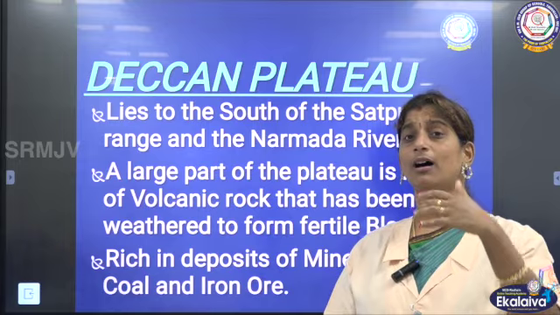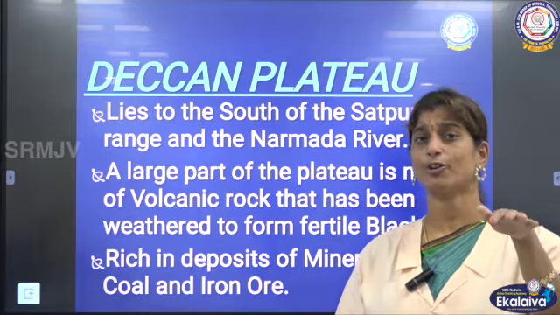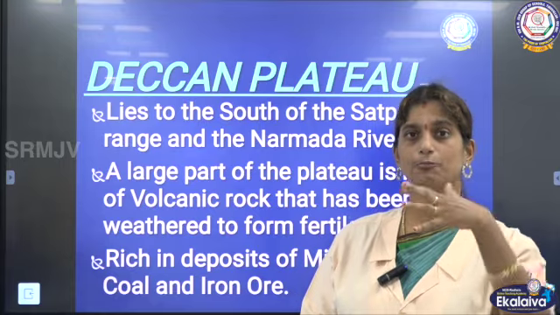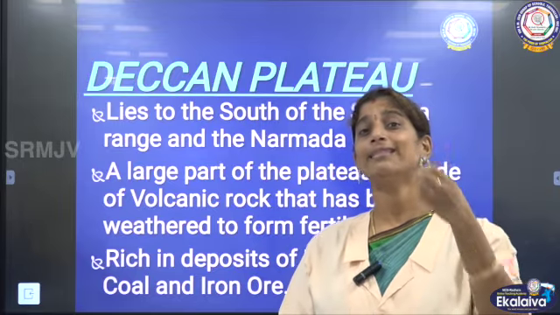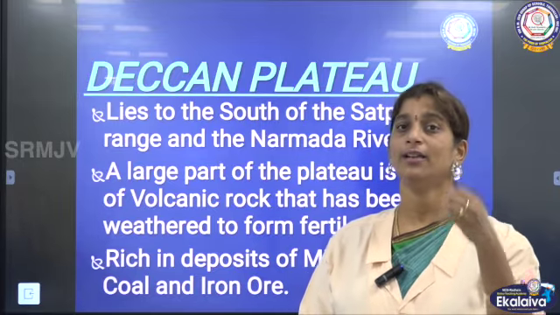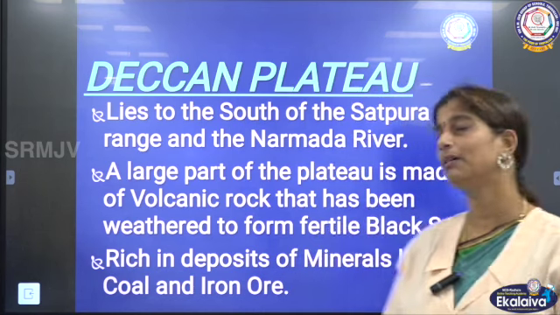We have seen this in the major landforms lesson about the formation of plains and plateaus. After a volcanic eruption, the lava flows down and forms a soil called black soil, which is very rich in minerals. Hope you remember that.